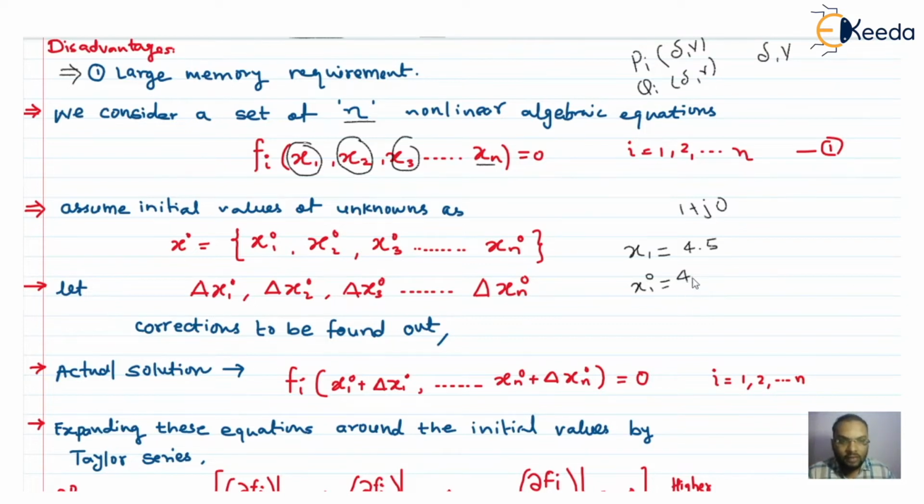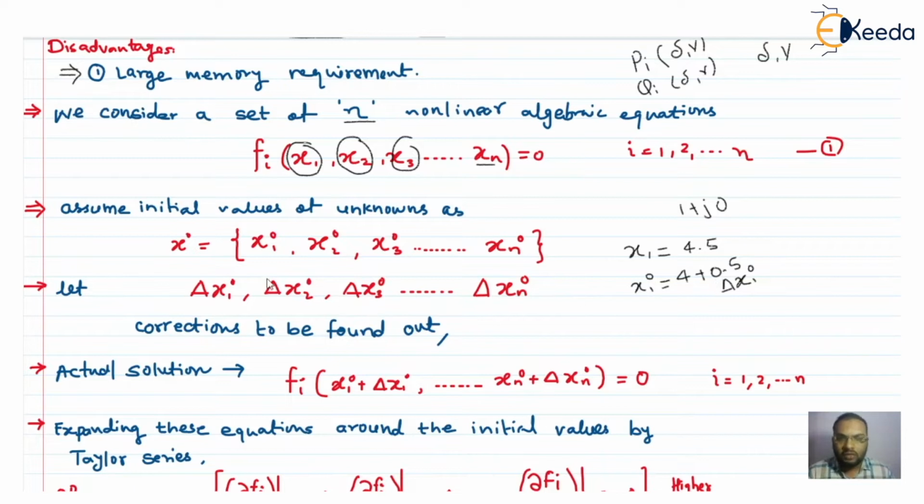That would be the correction. Suppose I add a correction, let's say 0.5, a small value, this will give me the exact solution.